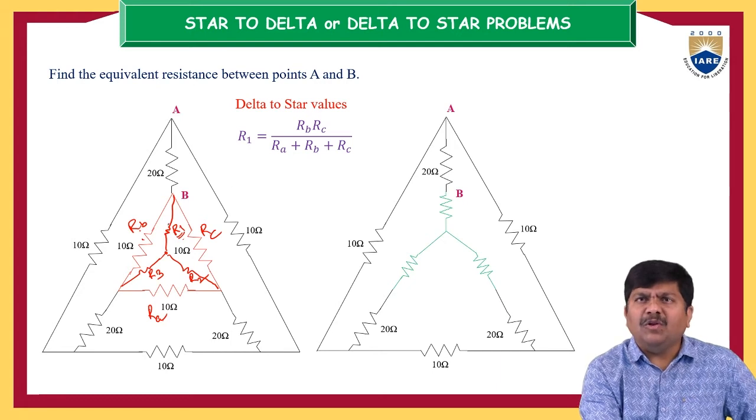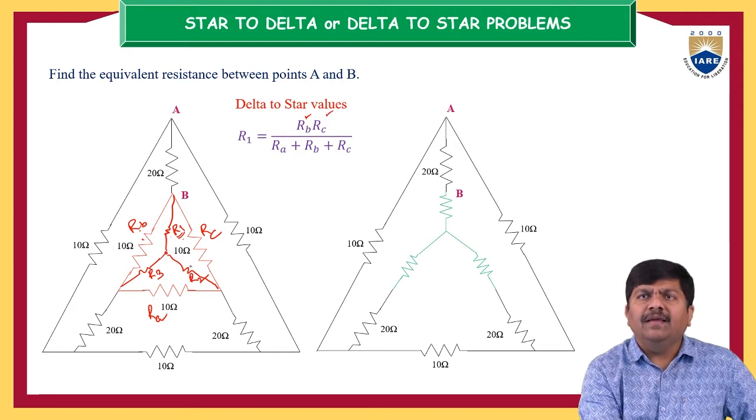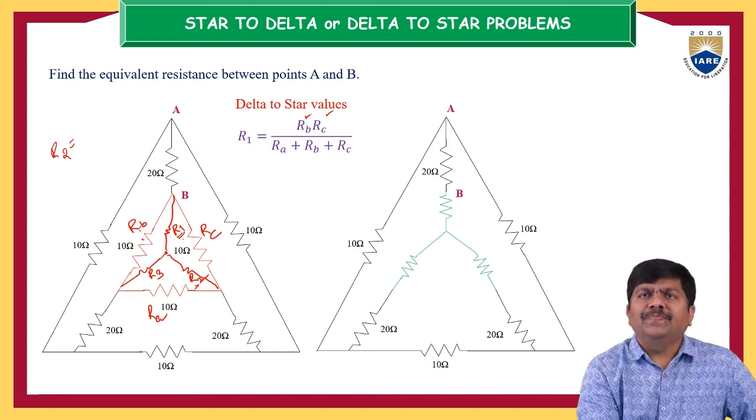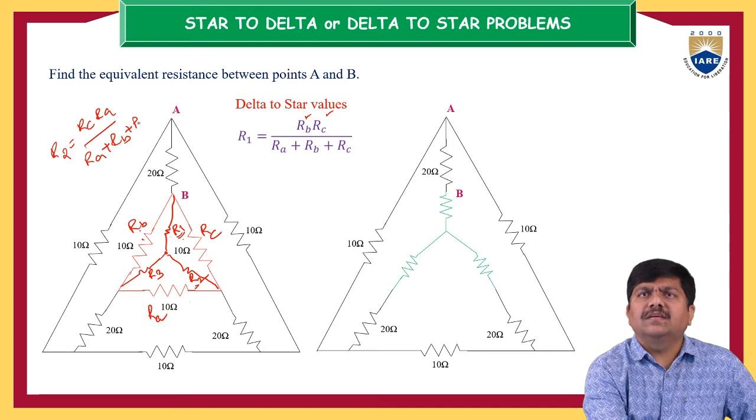Then what will be the R1 value? R1 is connected between the delta sides RB and RC. So R1 is RB into RC divided by RA plus RB plus RC, the sum of the three resistances, which are the sides of the delta. Similarly R2 is connected between RA and RC, so R2 is RC into RA divided by the same denominator, RA plus RB plus RC.